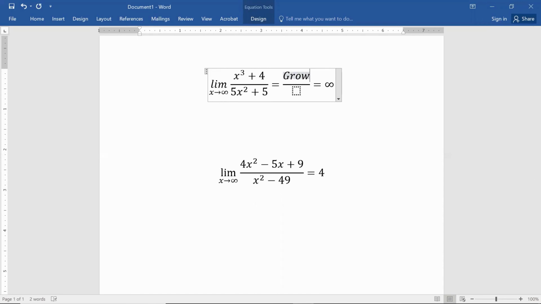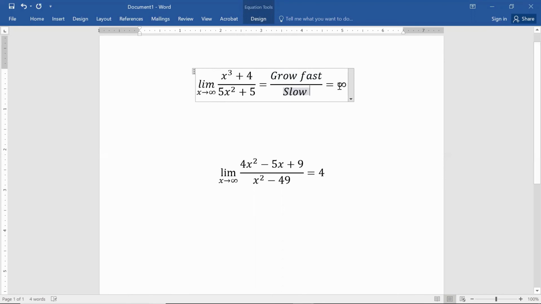So we have a fast growth over a slow growth. And if the top is growing faster, then we're going to go to infinity. Now it's just the opposite if you flip these around. If you have a really slow growth on top and a really fast growth on the bottom, then we're going to be going to 0.